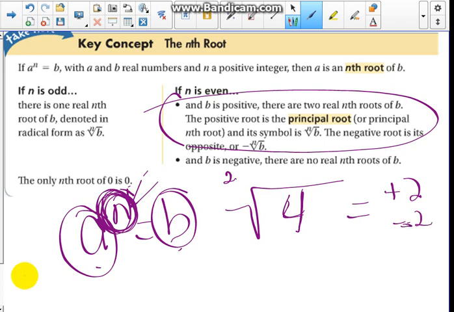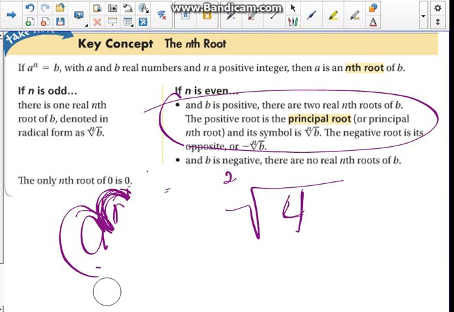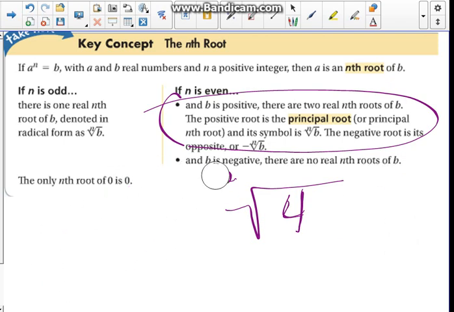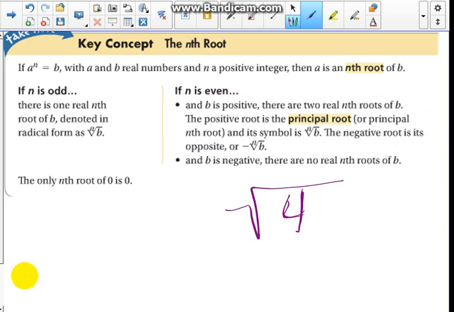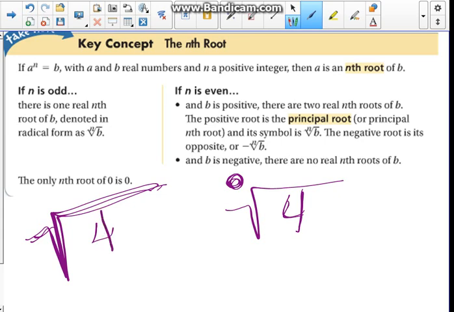Now, what happens if we have the square root? So it's an even index, and I'll go into some terminology real quick. The radical sign, and what's underneath that is called the radicand.